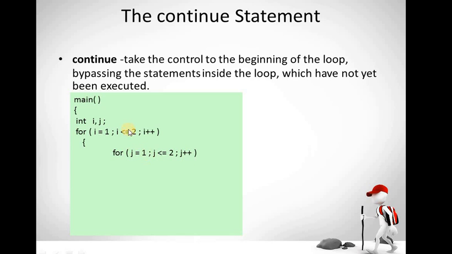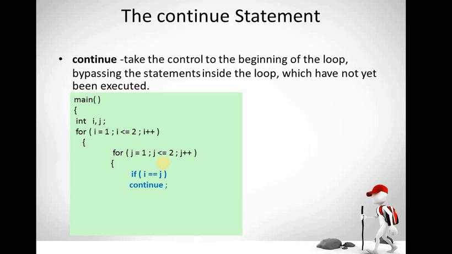So both for loops will be executed. For example, if I talk about this inner for loop, initially j is equal to 1, and how many times will it be executed? Until j is less than or equal to 2, that means 2 times. Now inside this inner for loop, if i equals j, then continue.